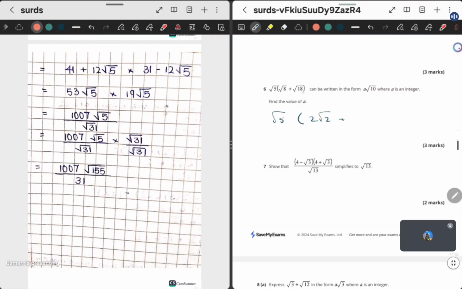And this would become 3 root 2, yes? And we can simplify this further and make this 5 root 2, yes? And then we have 5 on the outside, and these roots will multiply, and you get 5 root 10, yes? So A becomes 10.